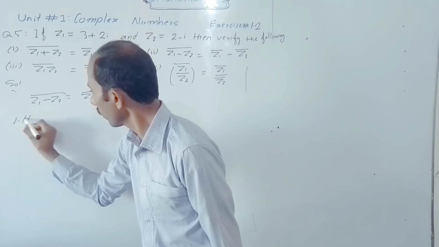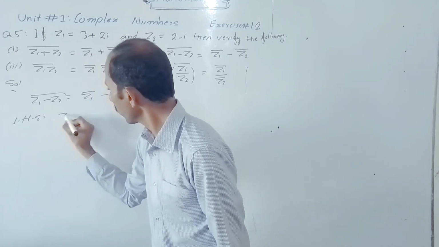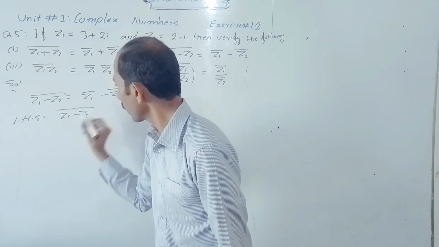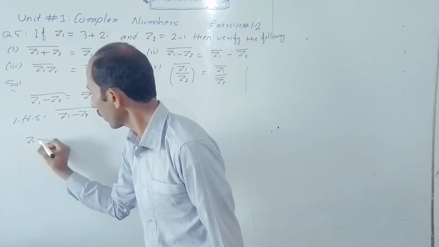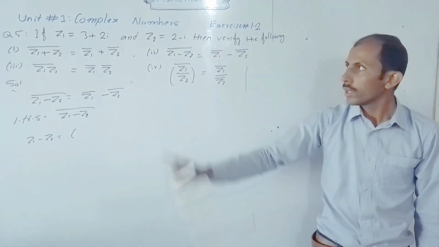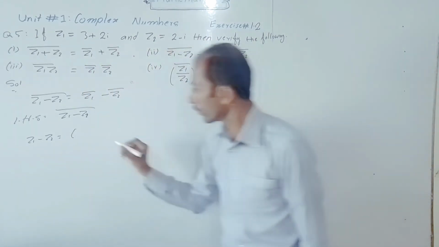Left hand side is equal to Z1 minus Z2 whole conjugate. So first, Z1 minus Z2, the value of Z1 is equal to 3 plus 2 iota.